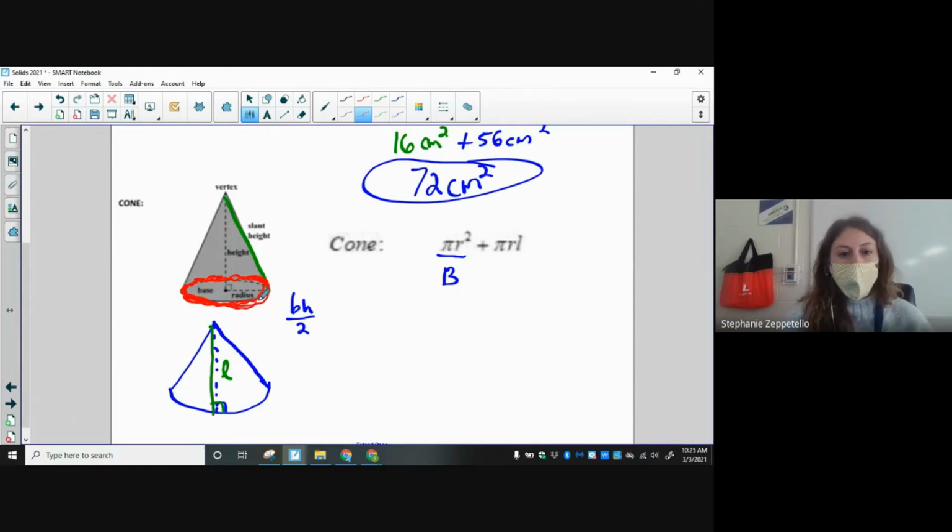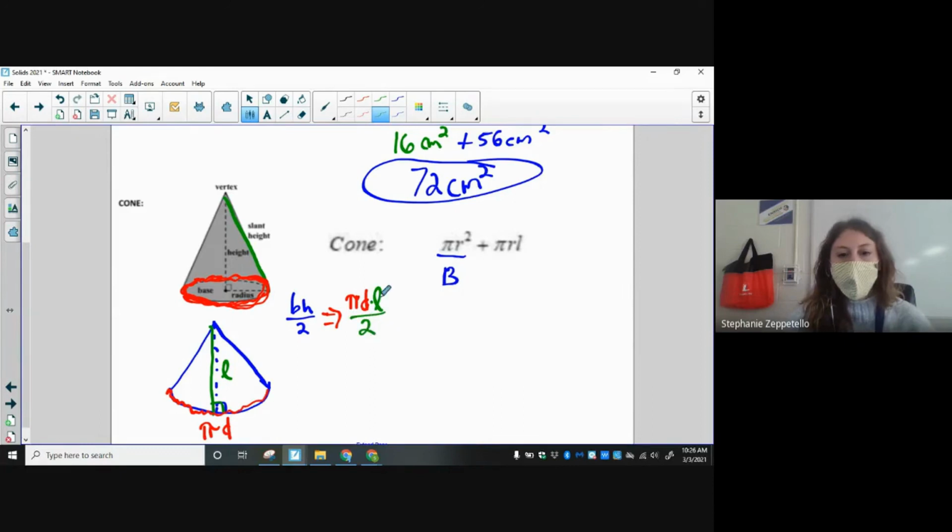The base of this is the circumference of the circle. So let's stick these into the triangle formula. No, it's not a triangle, but the formula for this lateral face is based off of the triangle. The base is your circumference times the height, which is your lateral face, divided by 2.